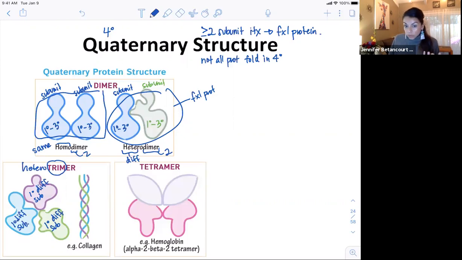And then if there's 4, tetra, that means 4. 5 is penta, pentamer, hexamer, heptamer, and you can keep going. And sometimes you have something like hemoglobin. Hemoglobin is a protein constructed of 4 subunits: 2 alpha subunits and 2 beta subunits.